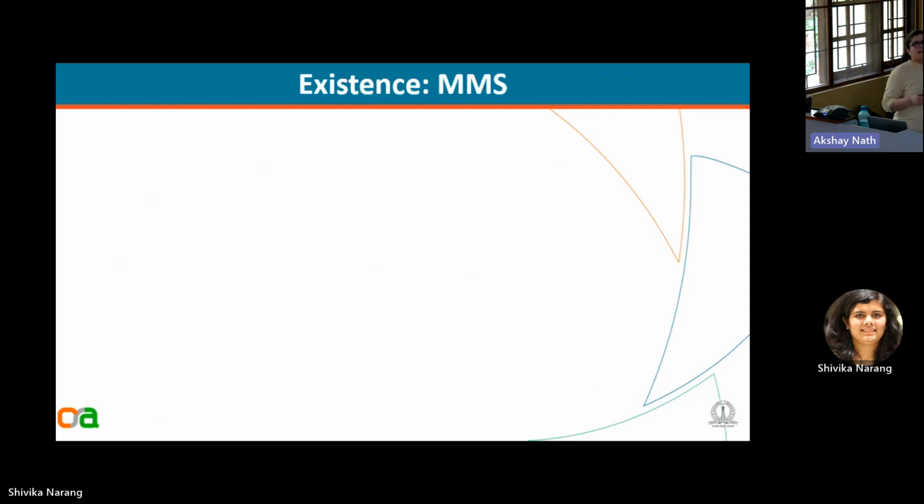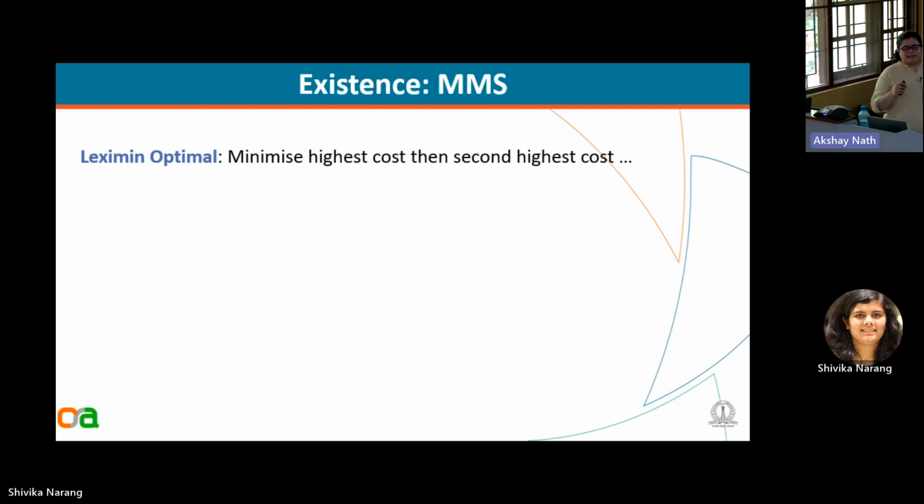So now the other notion we have in mind is MMS. And remember I had mentioned Leximin. Leximin here, what it will try to do is, let's look at the set of all possible allocations, all possible ways we can match agents to these delivery tasks.